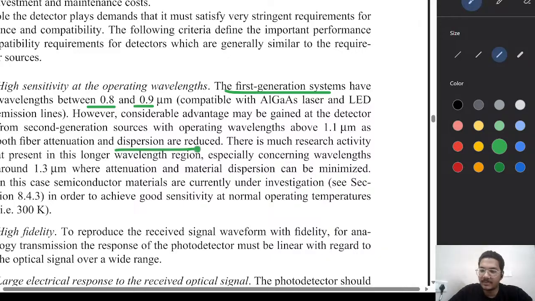Therefore the detector material must provide good sensitivity at these wavelengths at room temperature, 300 Kelvin.